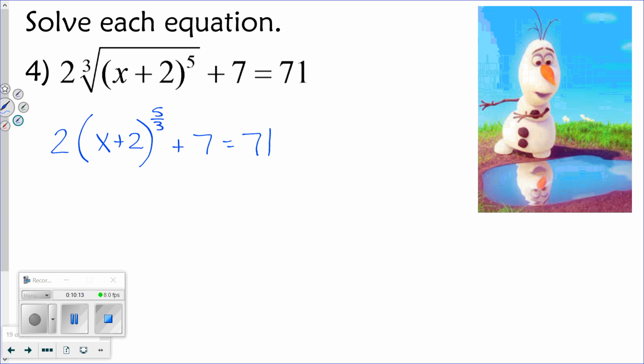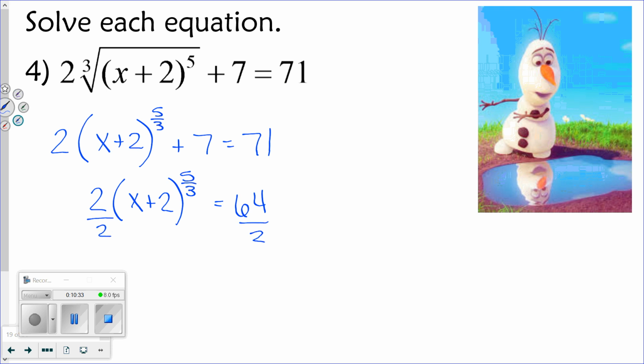All right, so we go ahead and flip that, remembering that roots grow underground. Do I get rid of the 2 or the 7? Good. Get rid of the 7. So 71 minus 7, 64. Do I distribute the 2? No, I can't distribute that.